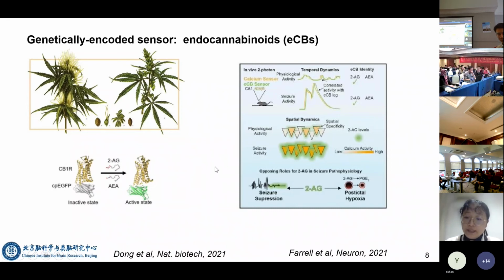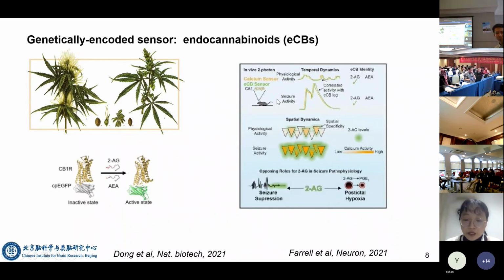For this sensor, they worked with a collaborator and also published this year. Yulong Li's laboratory used this sensor to illustrate the molecular characteristics and the spatial dynamics of cannabinoid signaling in the hippocampus.